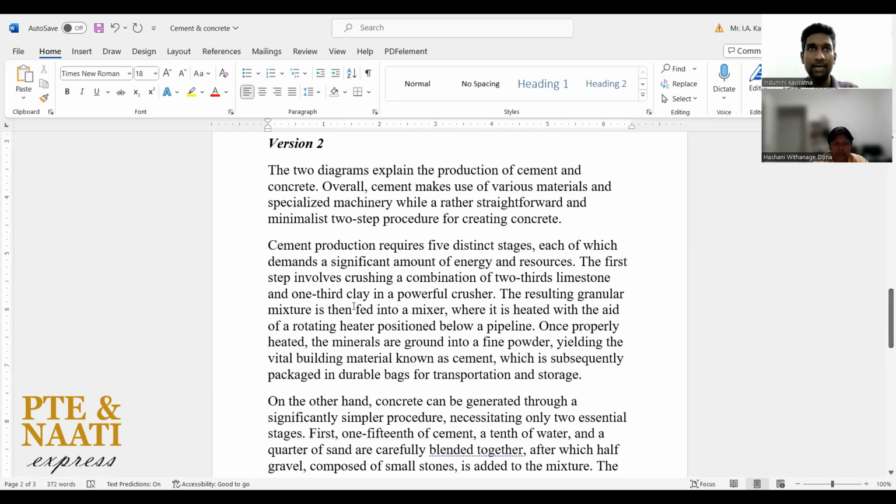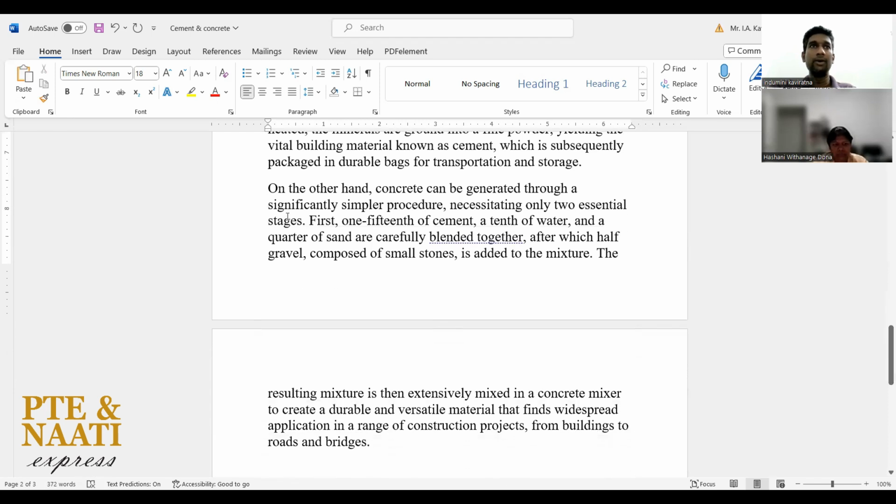Feeding means, in past tense, fed into a mixture, where it is heated with the aid of a rotating heater positioned below a pipeline. Once properly heated, the minerals are ground into a fine powder, yielding the vital building material known as cement, which is subsequently packed in durable bags for transportation and storage.